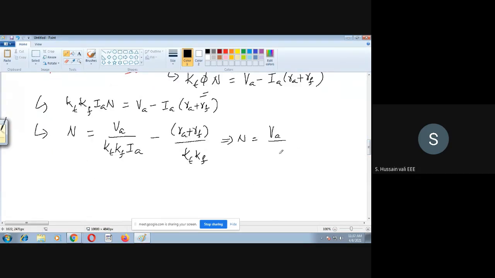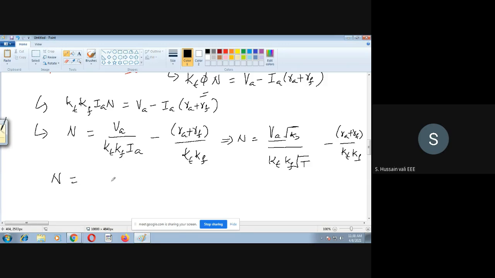So this Ks will come here, divided by Kt Kf square root of T, minus Ra plus Rf by Kt Kf. Okay, then N is equal.